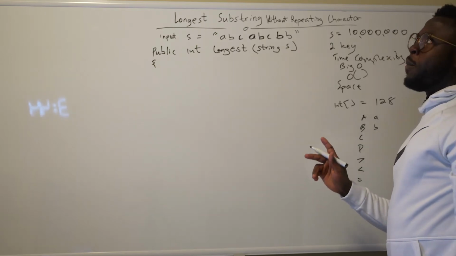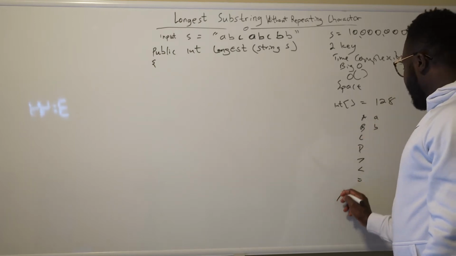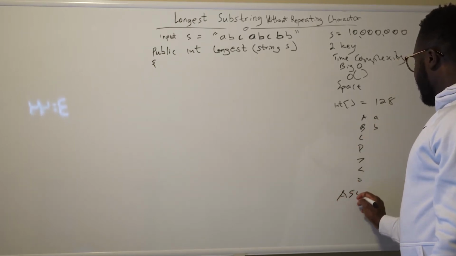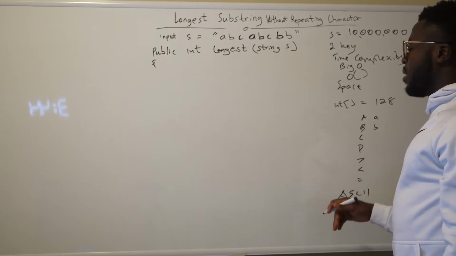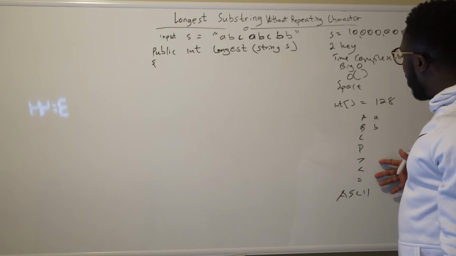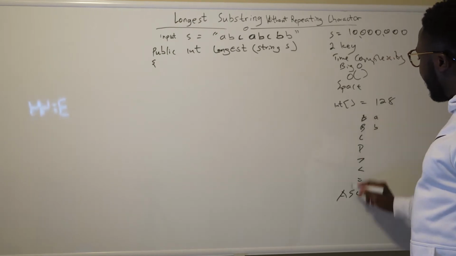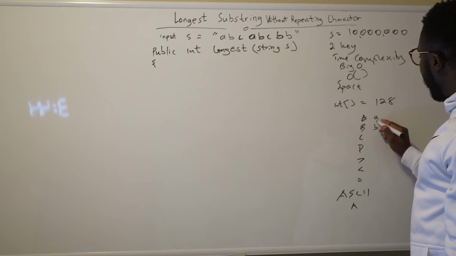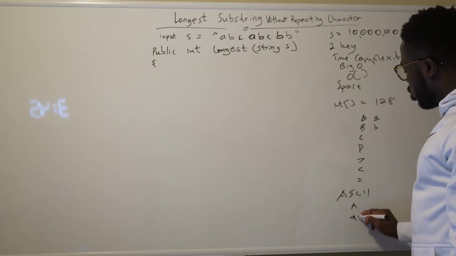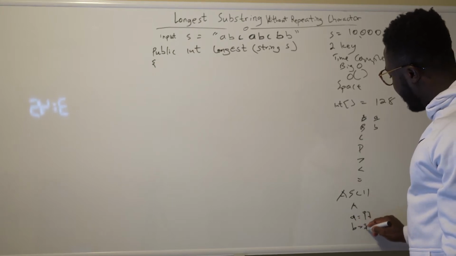And in memory there is something called an ASCII table. In this ASCII table, if you pass in A, it has a number. If you pass in small a, it has a number. Small a is like 97, B is like 98.